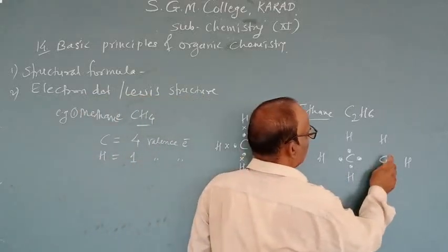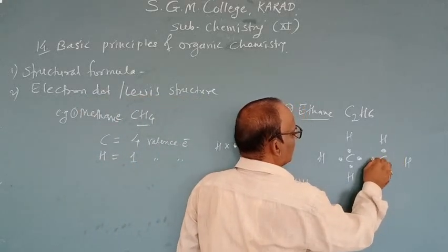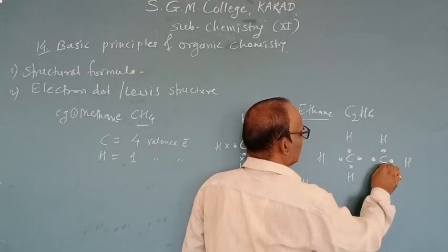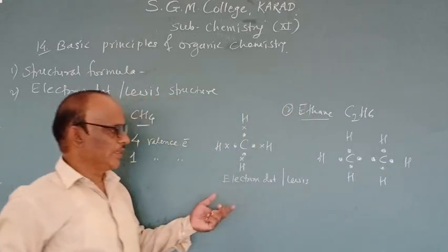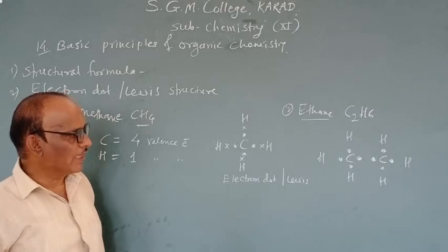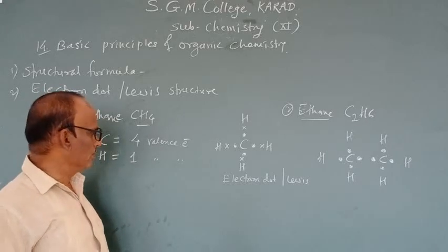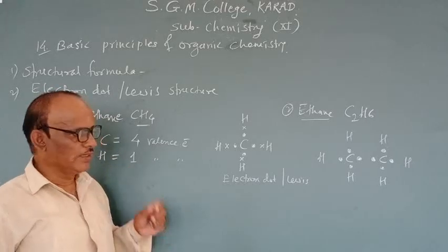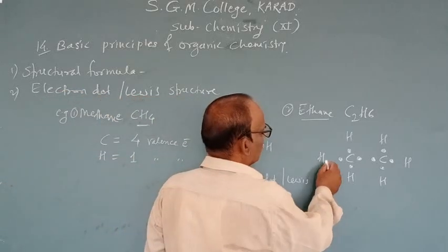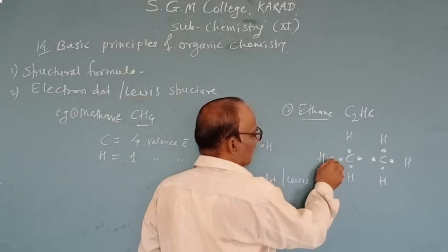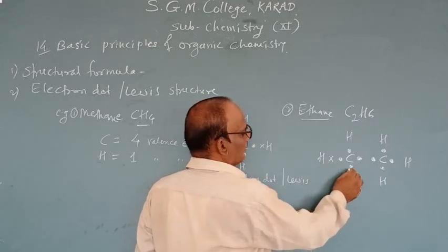Similarly, the second carbon atom also carries 4 electrons in its valence shell. So here we represent the electrons of the carbon atoms present in the valence shell. Then in the case of hydrogen there is only 1 electron in the valence shell, so write the electron of hydrogen by a cross.